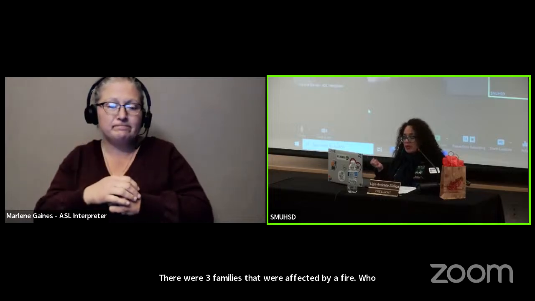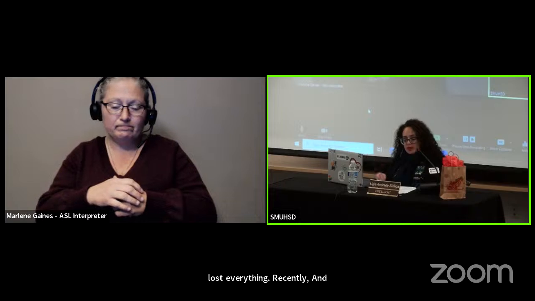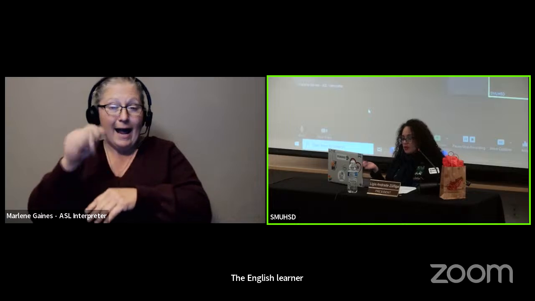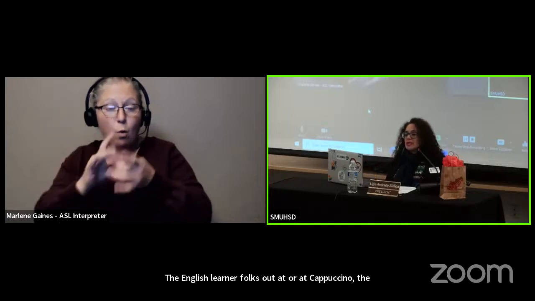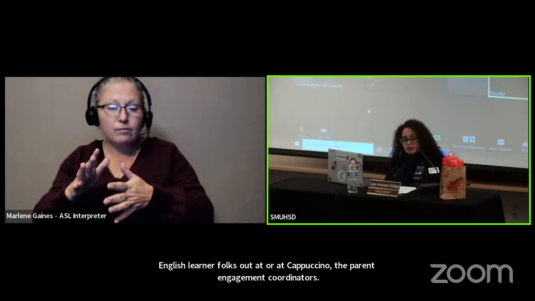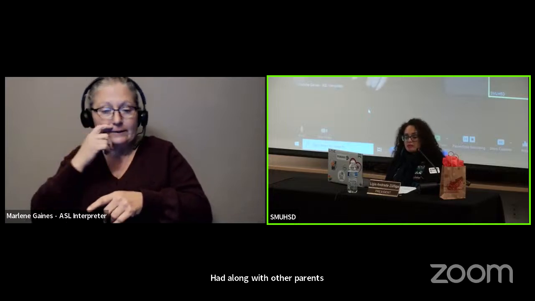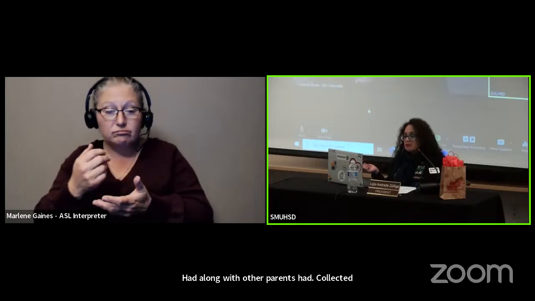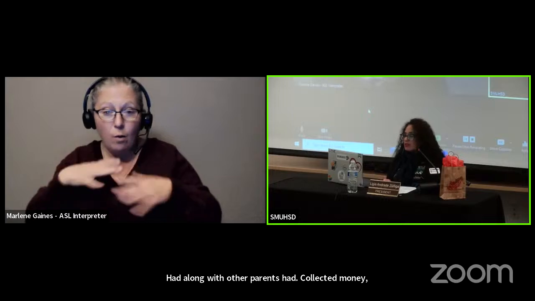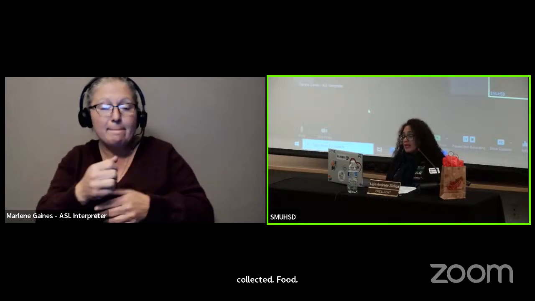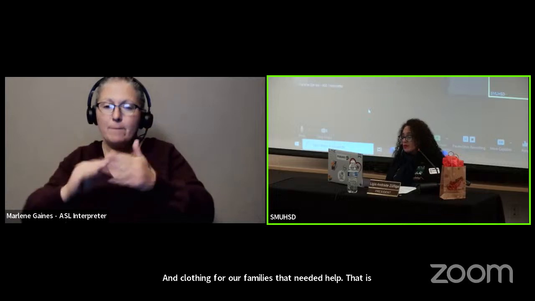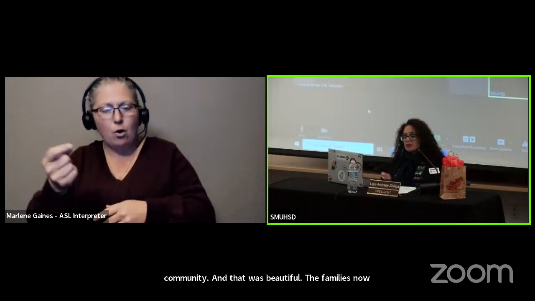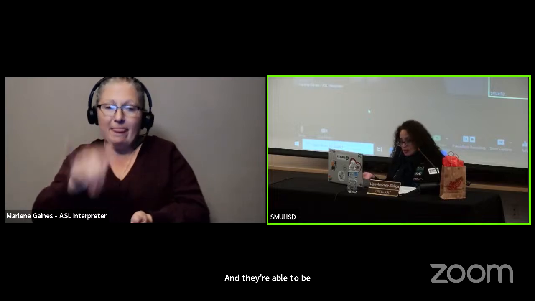And the English learner folks out at Cappuccino, the parent engagement coordinators, along with other parents, collected money, food and clothing for our families that needed help. That is community. And that was beautiful. The families now have somewhere to go and they're able to be taken care of. Again, that's community.